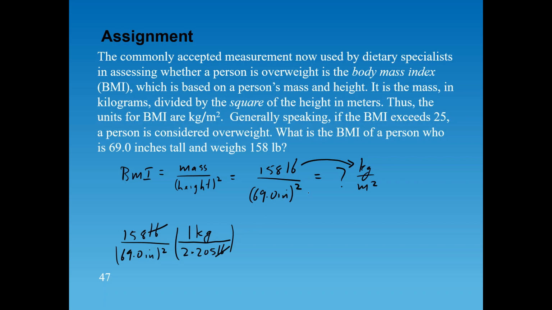Then I would focus on converting from inches squared to meter squared. So that means I need to find some way of doing that conversion. What I would do in this case is first convert from inches squared to centimeter squared. Now we know that 1 inch is equal to 2.54 centimeters.